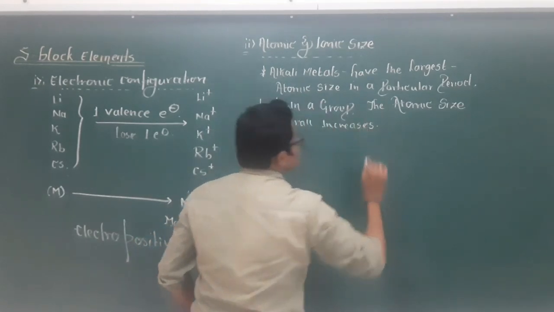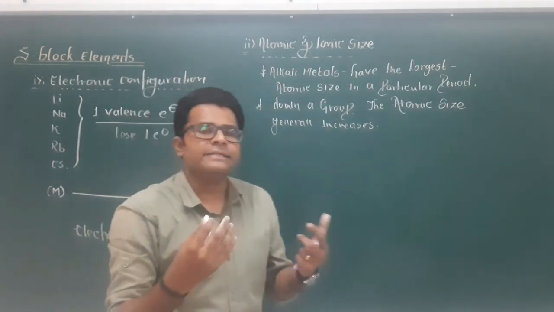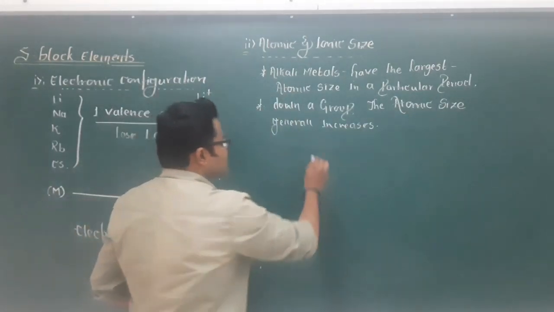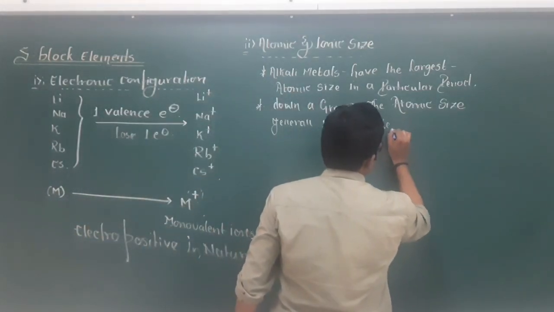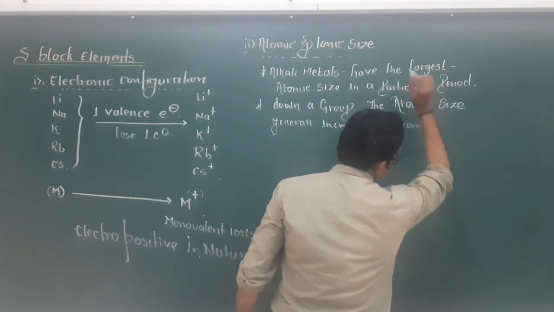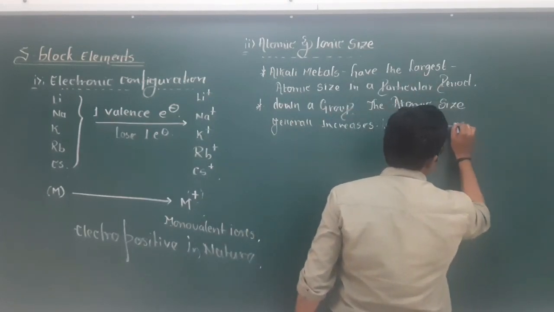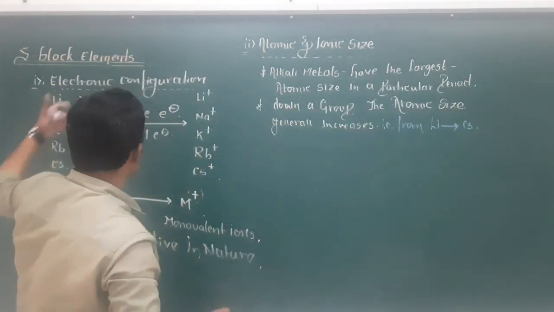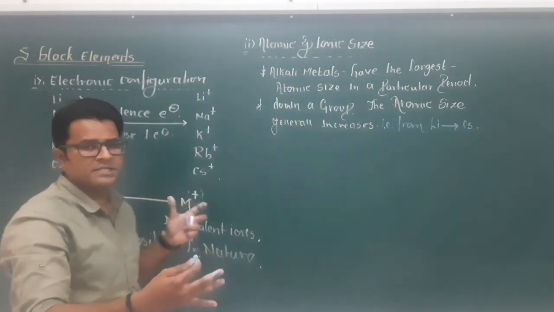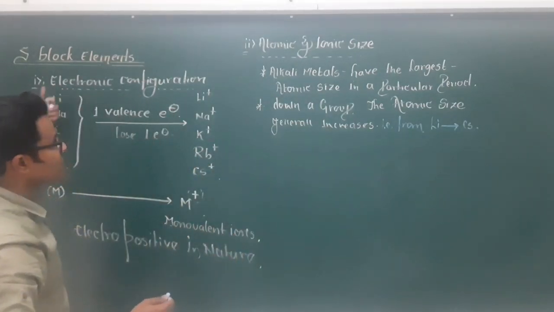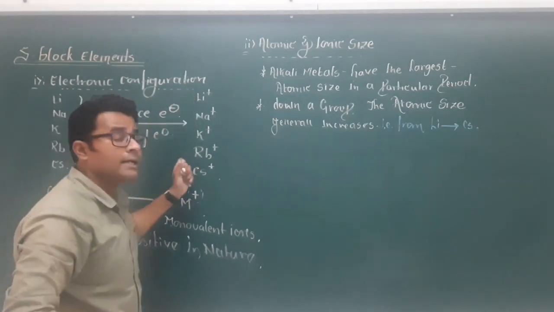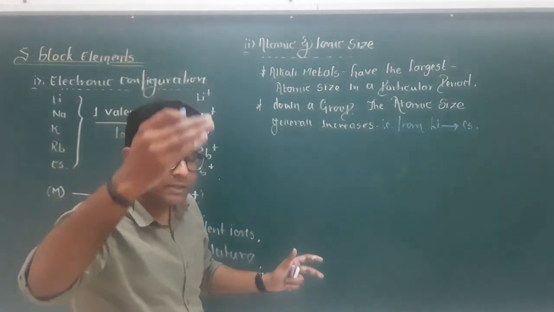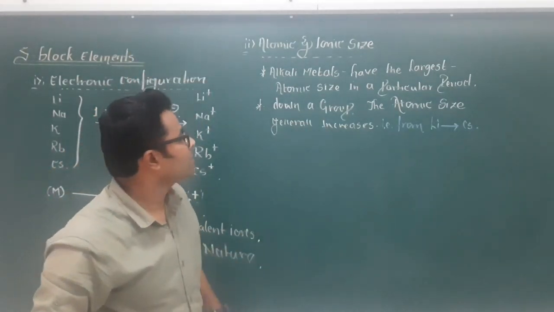It increases with respect to atomic size and also with respect to ionic sizes. As we travel from lithium to cesium, this size goes on increasing, whether it is atomic size or ionic size. This size goes on increasing as we travel down a group. Correct?